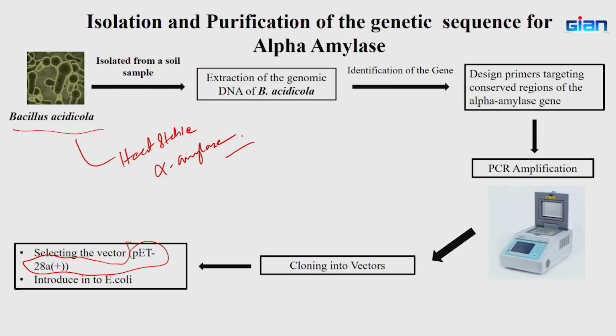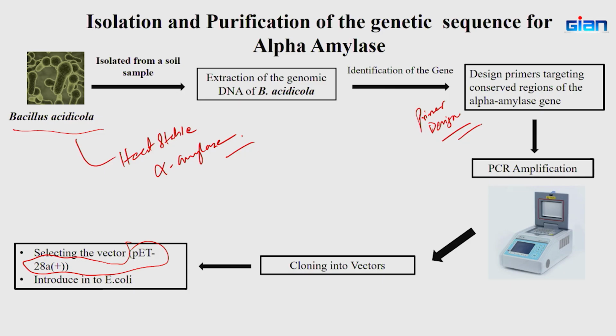After that, we will extract and identify the gene and design the primers, followed by PCR amplification, then cloning into vectors. We will specifically select the vector for E. coli, that is pET 28a plus, and after that it is introduced into E. coli.